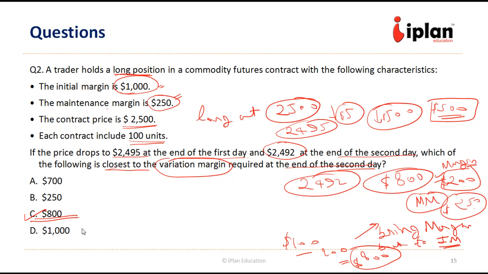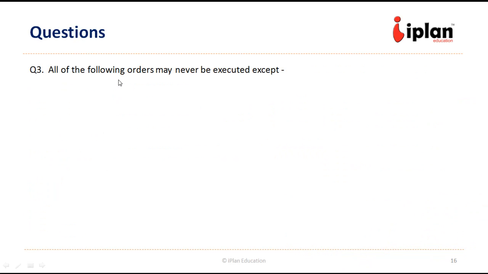Now let us move to the next question. Question number 3 says, all of the following orders may never be executed except, let us see which orders can be executed and which can never be executed. A market order will be immediately executed if there is liquidity.